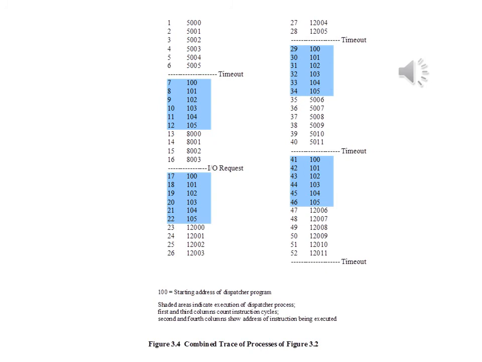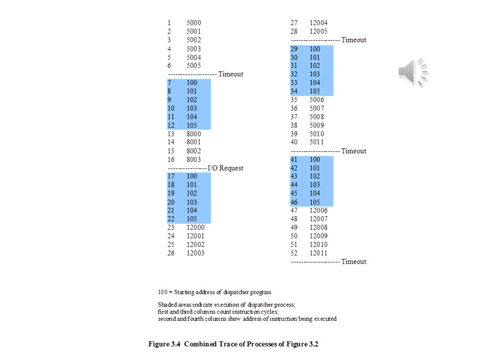The same sequence of instructions is executed by the dispatcher in each instance, because the same functionality of the dispatcher is being executed. We assume that the OS only allows a process to continue execution for a maximum of 6 instruction cycles, after which it is interrupted. This prevents any single process from monopolizing processor time.